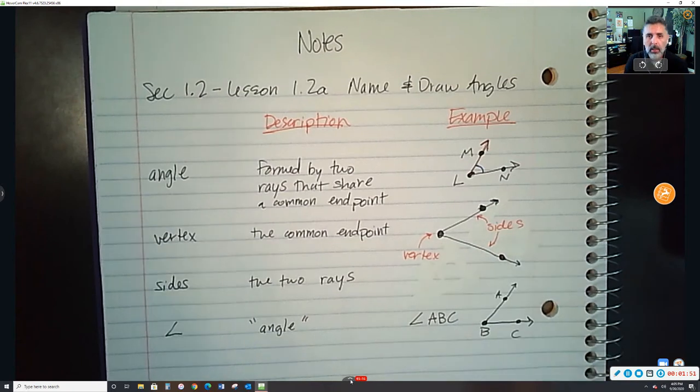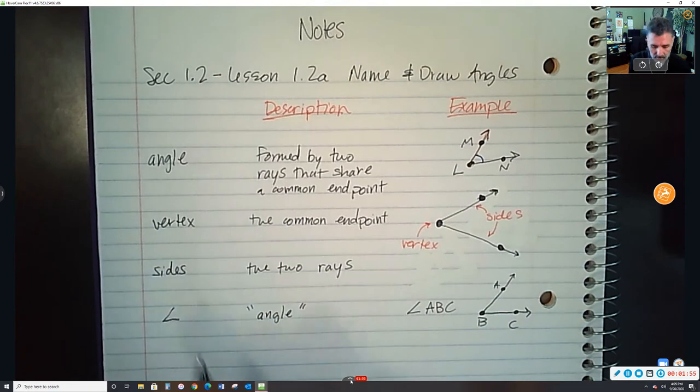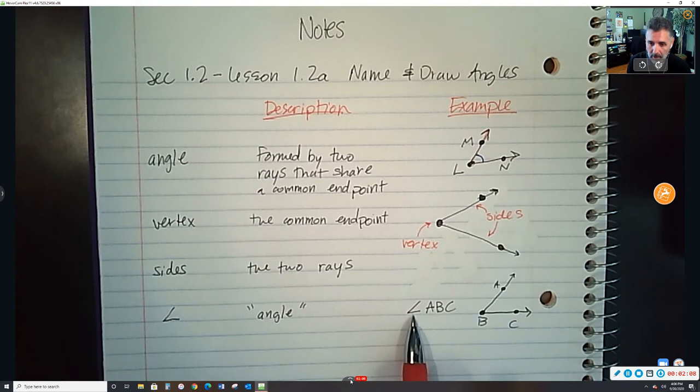Okay, and the last thing from this is this little symbol here. This symbol means angle. Okay. Mathematicians are lazy. They don't like using words, or at least writing out words. So instead of saying angle ABC, we just use the symbol angle.